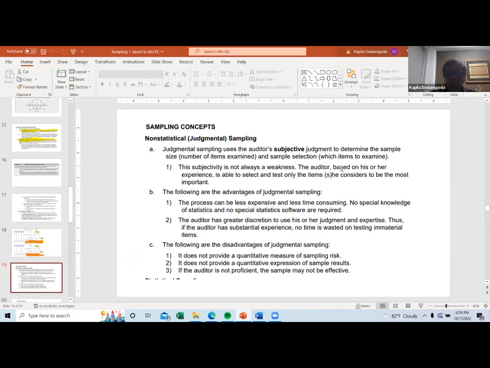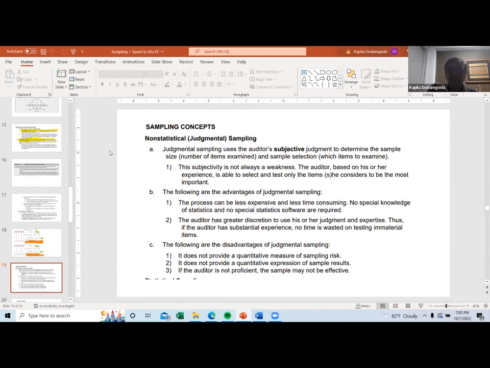The auditor, based on his experience, is able to select and test only the items he or she considers to be the most important. Just because it is not based on a specific statistical technique, but purely on the judgment of the person picking the sample, it doesn't mean it is a bad sample.